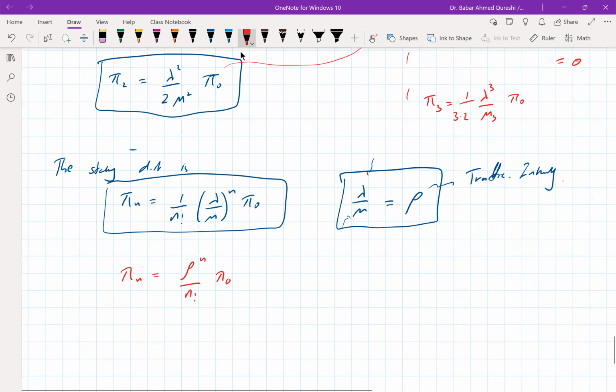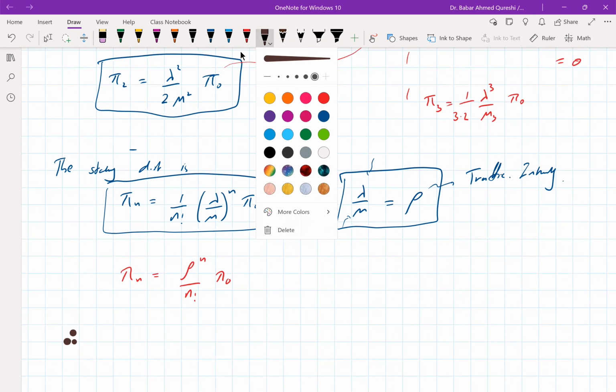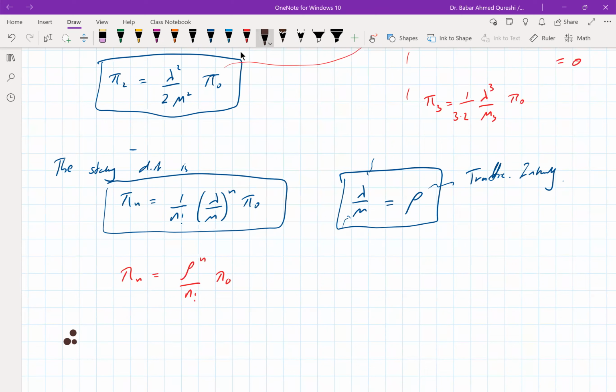Now what is pi naught? Pi naught one can find because we still have to plug in this condition. It's a probability, so it must sum to 1.